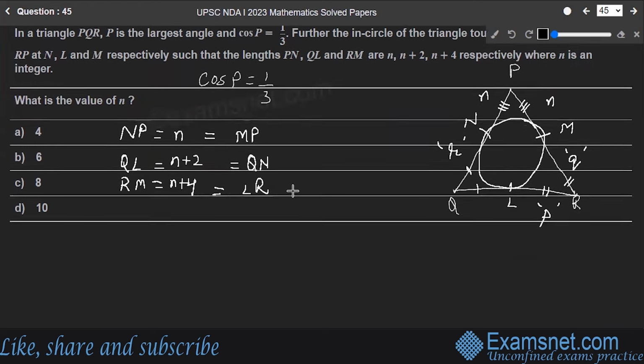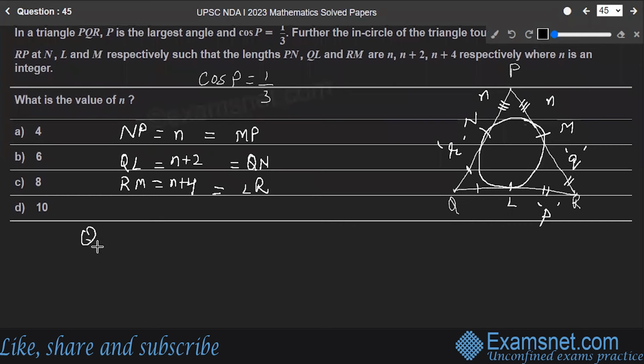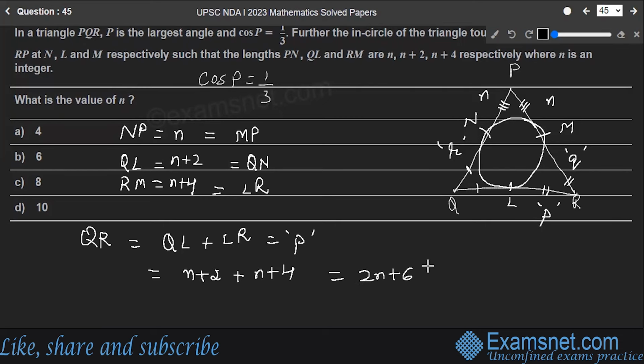Now, if I write down QR, QR is QL plus LR, which is equal to the whole side, small p, and QL is equal to N plus 2, LR is equal to N plus 4, which is equal to 2N plus 6.